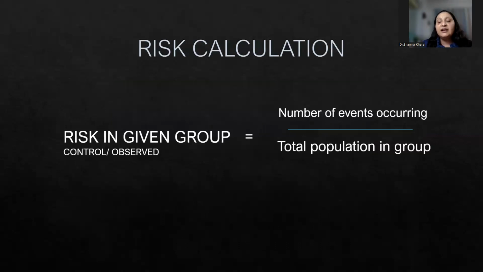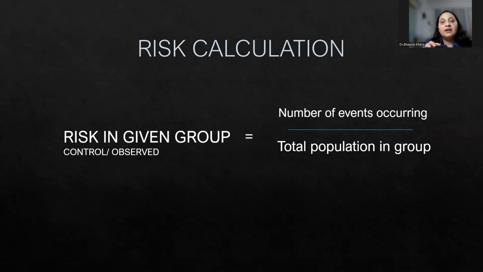I would suggest that rather than remembering A, B, C, D, it's good to remember that whatever group we are dealing with, we have to keep in the numerator the number of events occurring, the number of people who develop disease, or the number of events for whatever thing we are looking for, depending on the total population in that particular group.